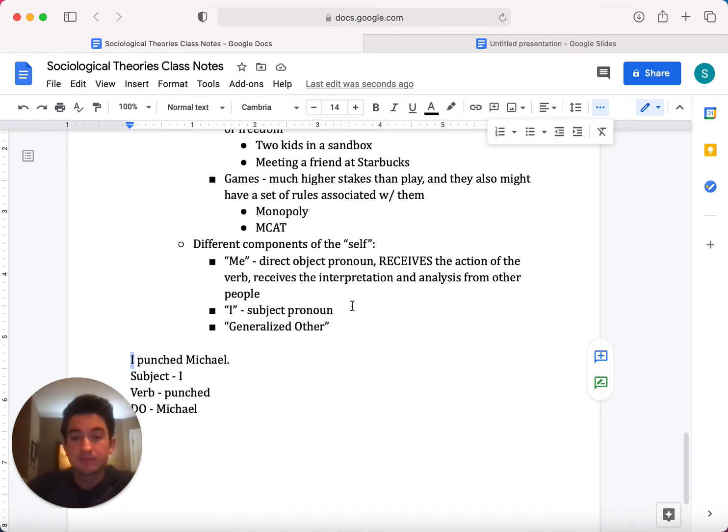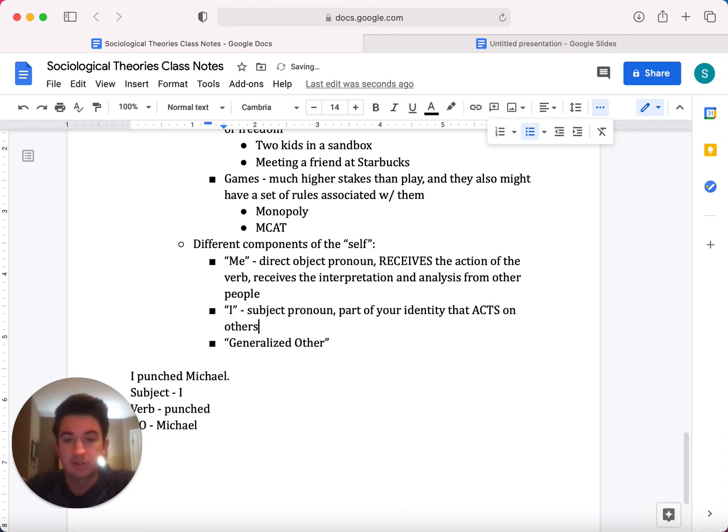So I represents the part of yourself that acts on others. Okay, so Mead said that the I was the component of your identity that acts on other people. And it's the part of your identity that you hold true, that you think about yourself, that you project to others.